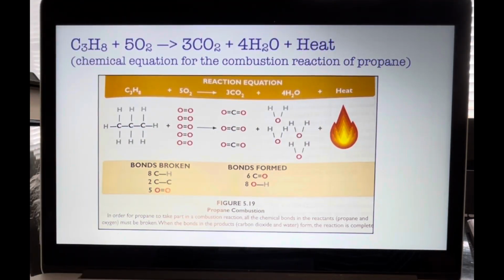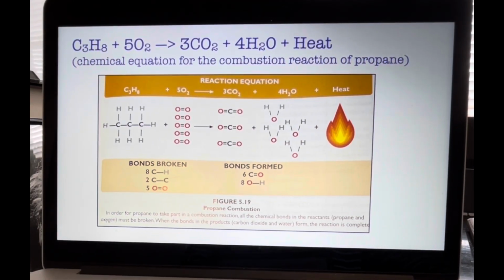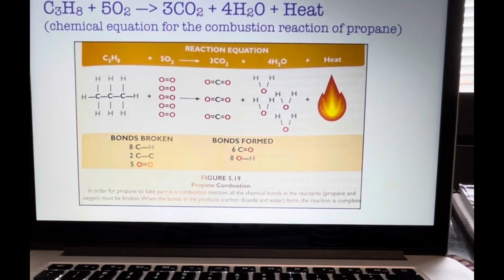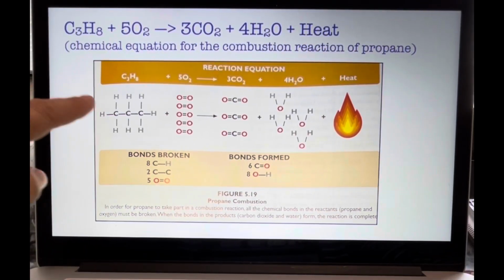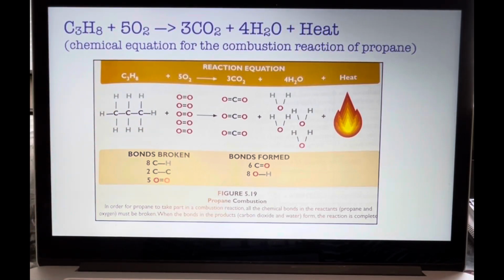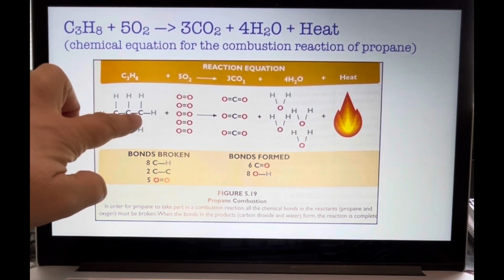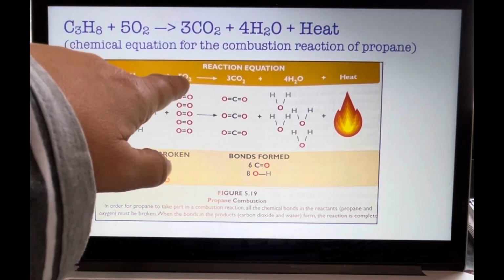There are 10 single covalent bonds in a propane molecule: 8 carbon-hydrogen bonds, 1, 2, 3, 4, 5, 6, 7, 8, and 2 carbon-carbon bonds. Each molecule of oxygen has one oxygen double bond.